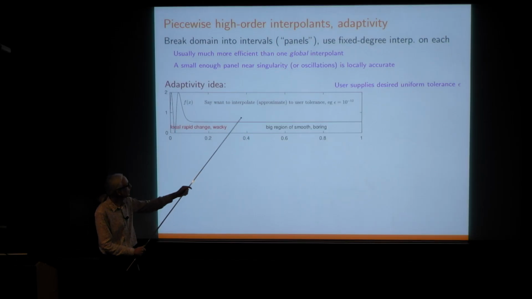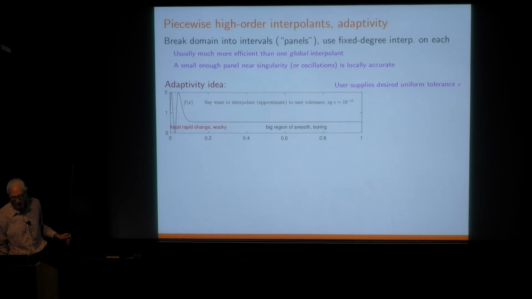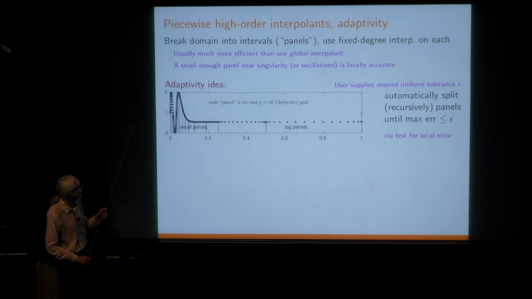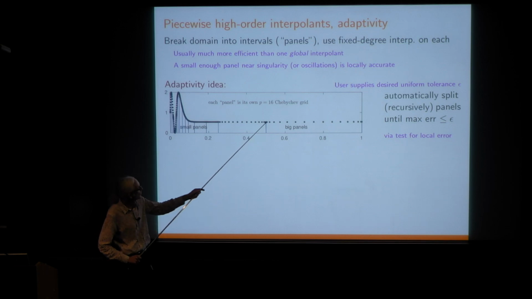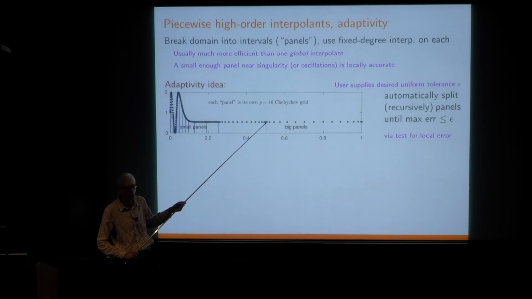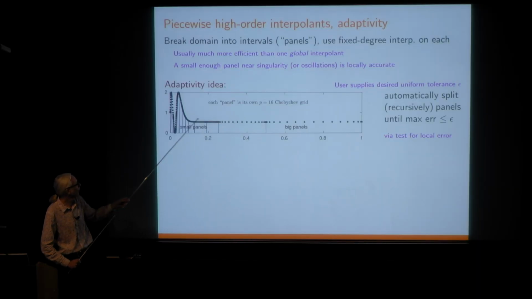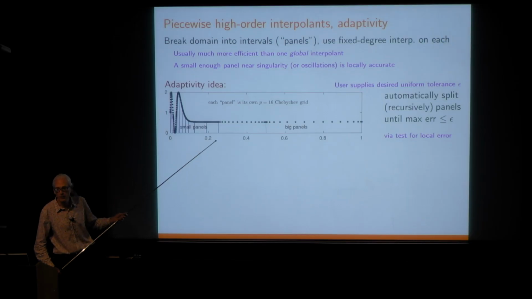So I'm going to break the interval up into smaller intervals and then keep breaking them up until you get the error you want. So if you do that, you can see one big panel, or one big subinterval, is enough to capture the function out here. But it decided to split this into a smaller panel, and then these panels all got subdivided an awful lot. And here are all of the nodes that it ended up using.